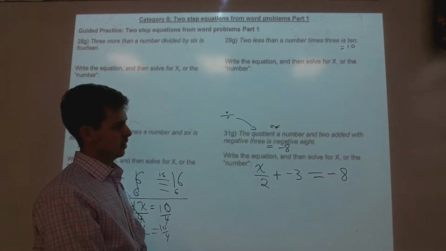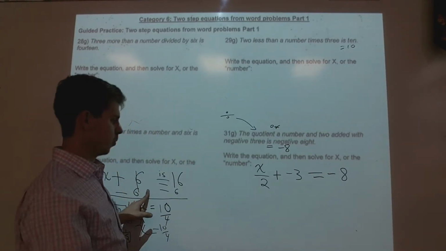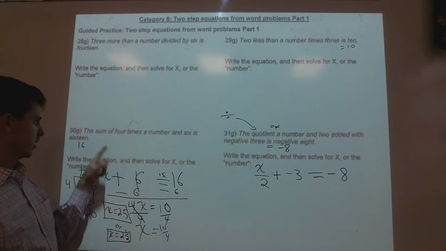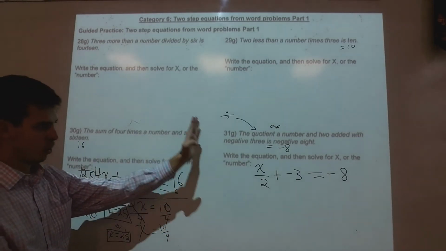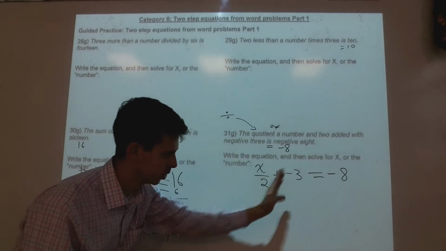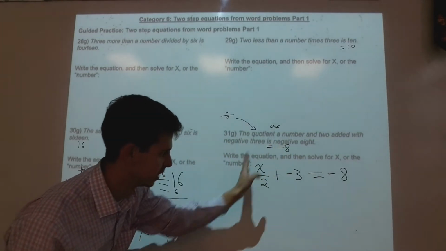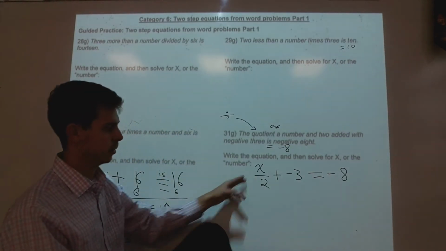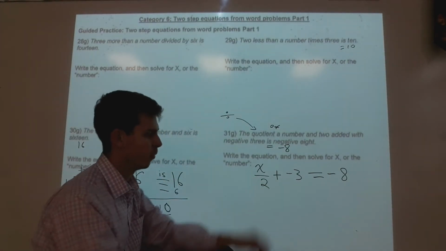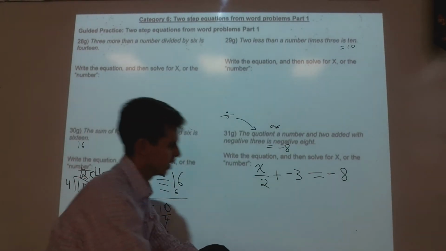Okay. This problem was slightly different in the sense that the last one said the sum of these two parts. This one was more logical. You could just kind of put all of these in the same order as the problem suggests. But from here, we'll go ahead and solve for x.